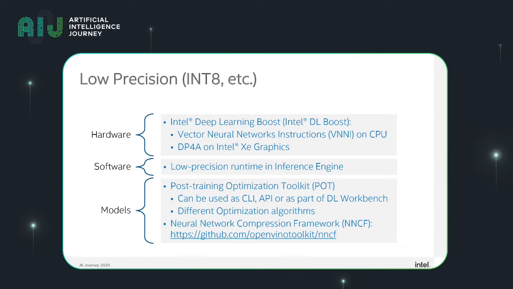Now let's get over to another method of accelerating your neural networks, which is using low precision, or computing with lower precision. Let's talk about what we can offer.